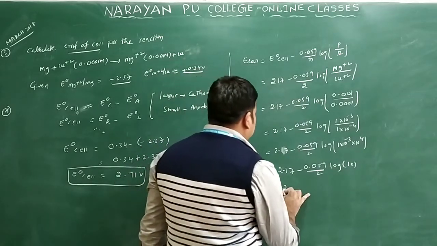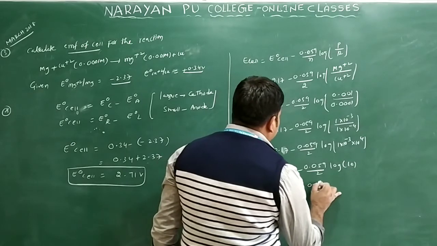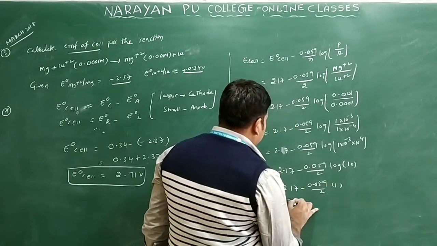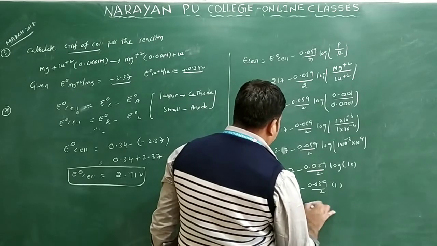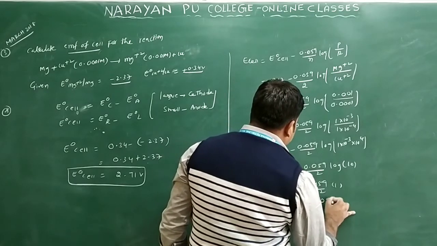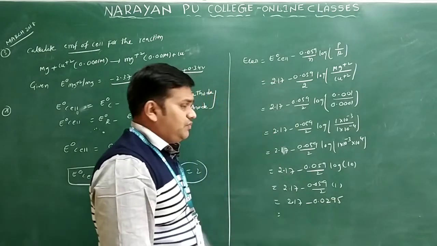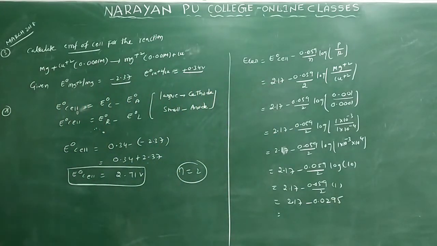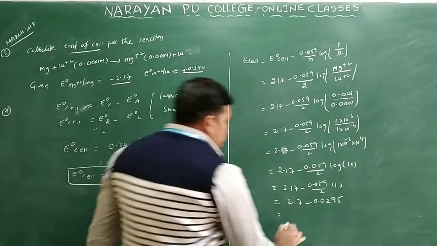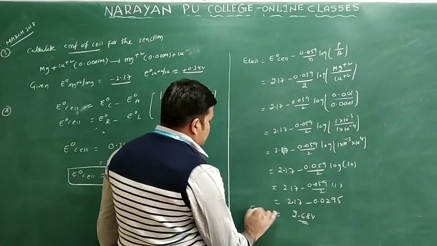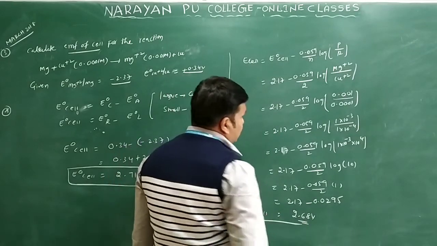Then you get 2.71 minus 0.059 by 2 into 1, that is 2.71 minus 0.0295, that is 0.059 by 2. So altogether you will get 2.68 volts only. This is the E cell for the reaction only.